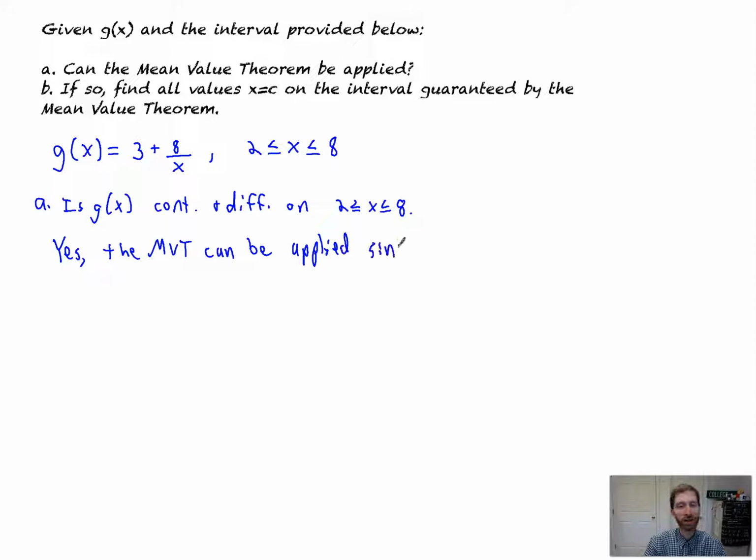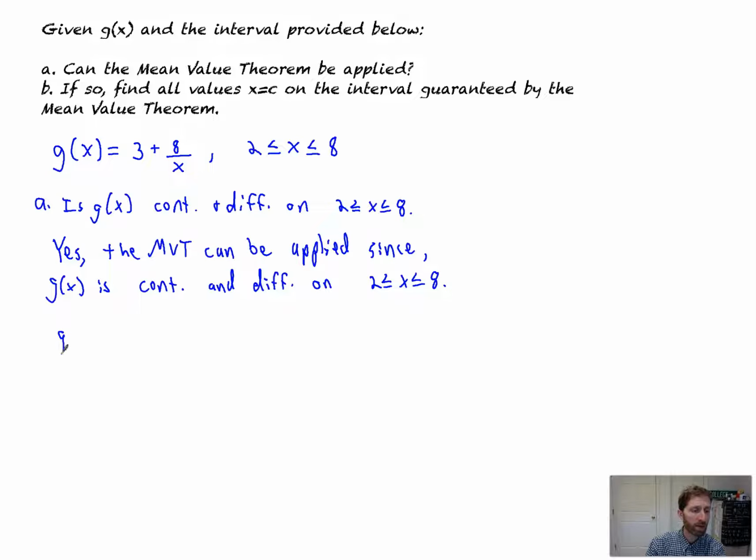since, just formally writing this out, g of x is continuous and differentiable on 2 is less than or equal to x is less than or equal to 8. You might be like, well, I don't believe you, Mr. Groden. Well, okay, the only place where this is not defined is at x equals 0, and that's nowhere to be found on this interval. So we're continuous.